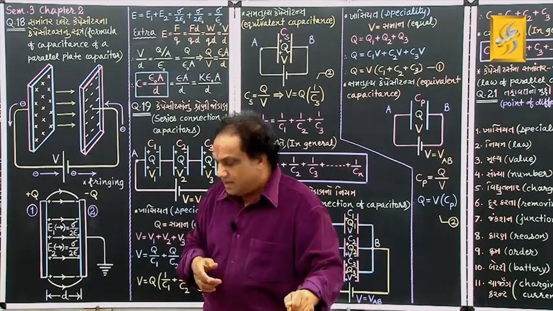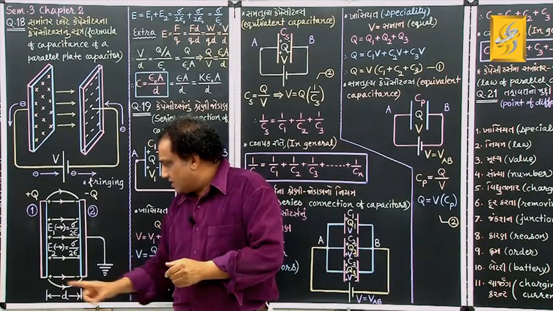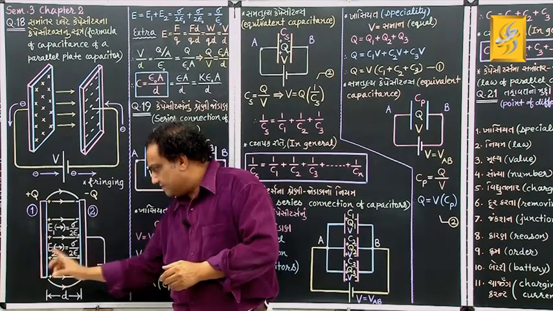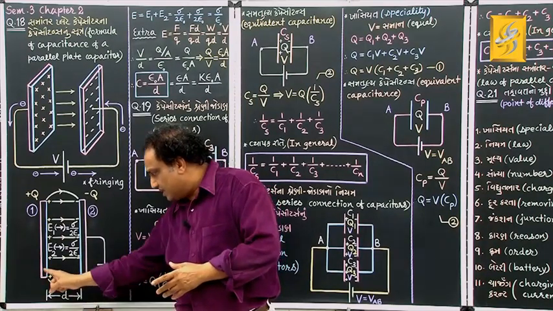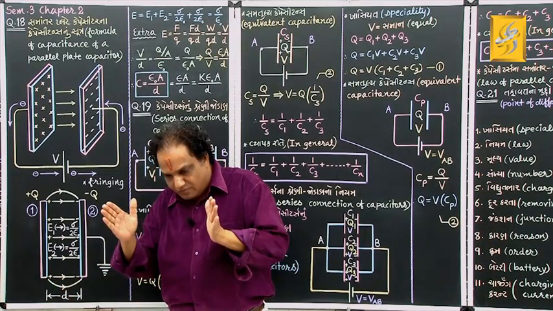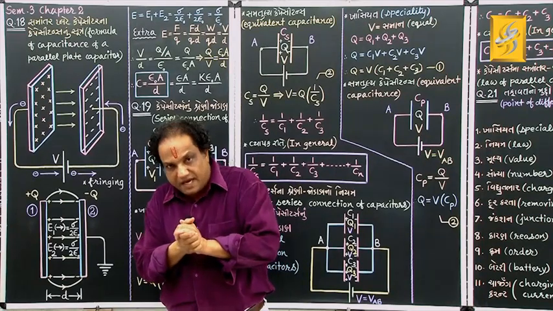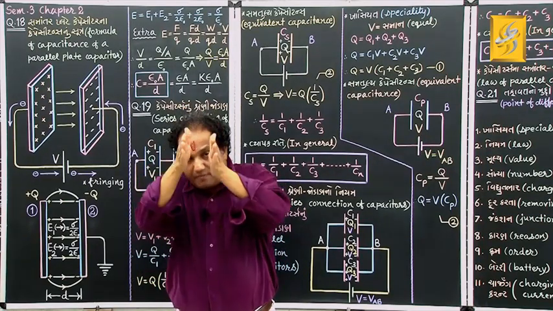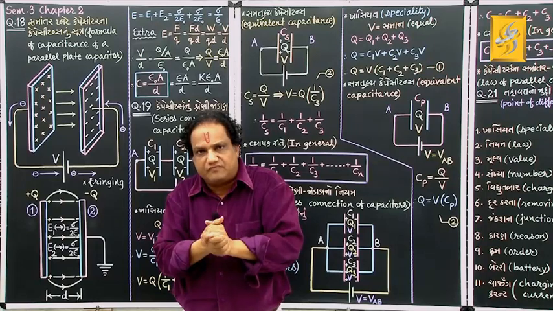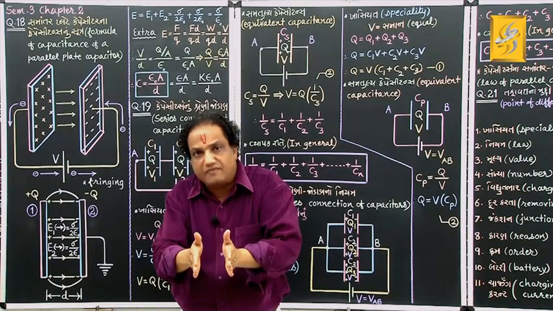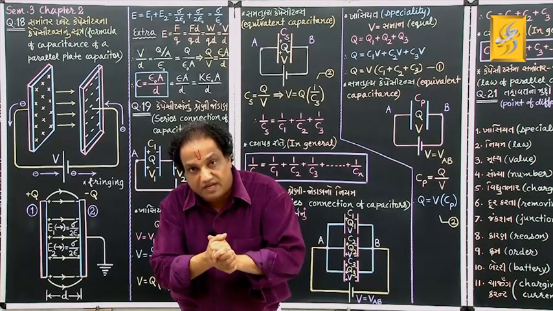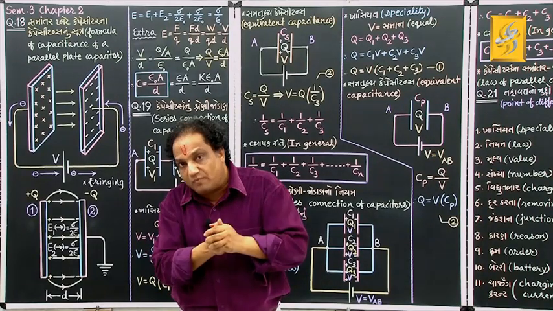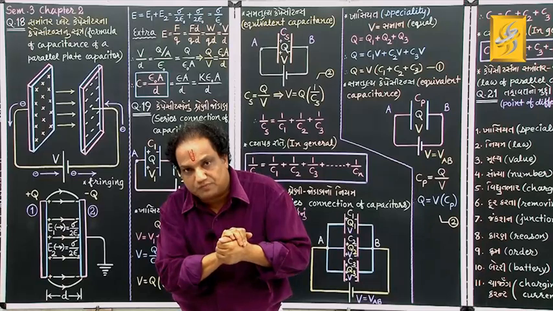Fine. Look here, what we do, compared to the length and breadth of this plate, we keep the perpendicular distance between these two plates, that is small d, very small, correct? Then in that case, those two plates can be taken almost as very big planes having uniform surface charge distribution, for which the intensity of electric field can be expressed by the formula sigma upon 2 epsilon 0, correct?